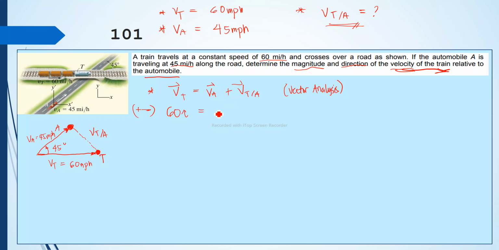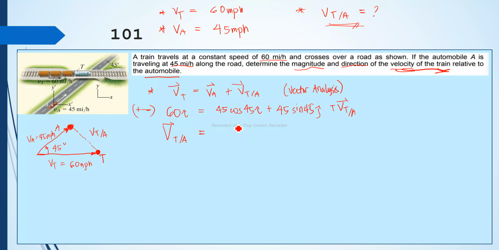So we'll have 45 miles per hour cosine 45 i hat plus 45 sine 45 j hat plus the relative velocity of the train with respect to the automobile. So here you get that the relative velocity of the train with respect to the automobile is just equal to, we just transpose the other items on the other side.